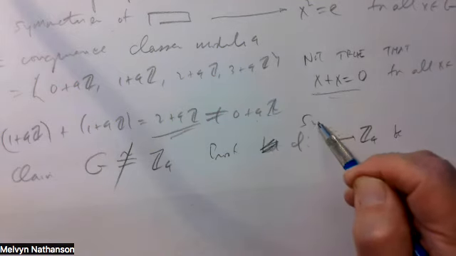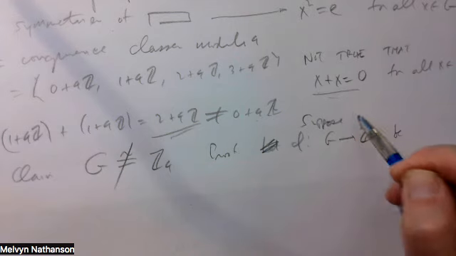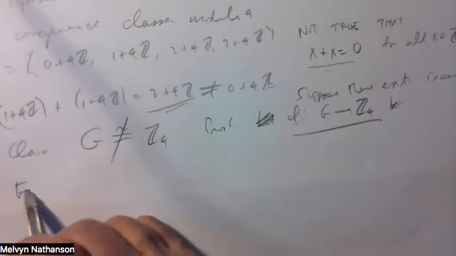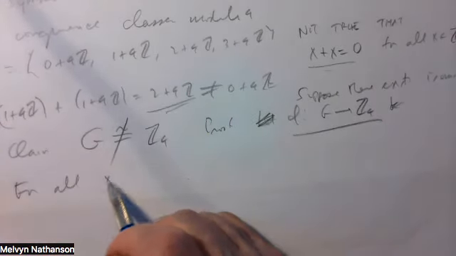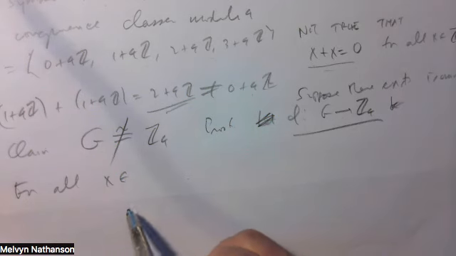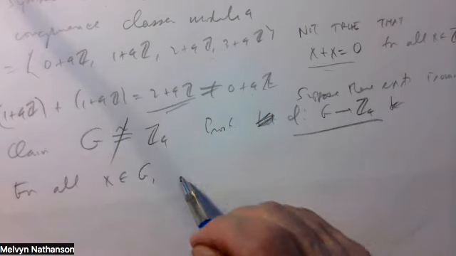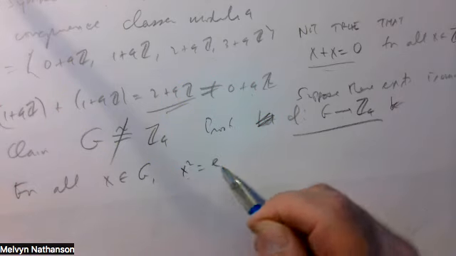Suppose there exists an isomorphism phi from G to Z4. So for every x that is a symmetry of the rectangle, x squared is the identity.